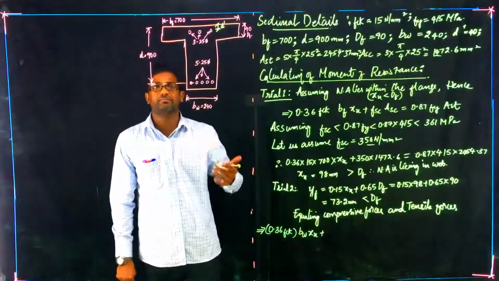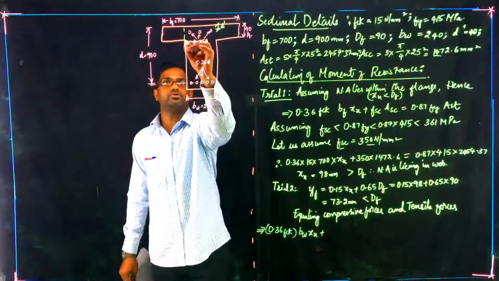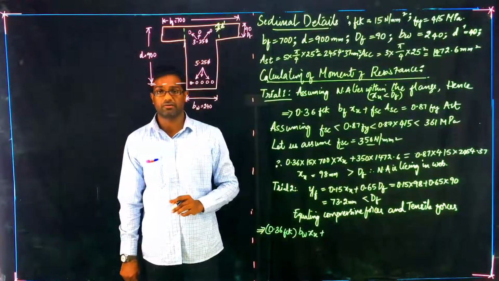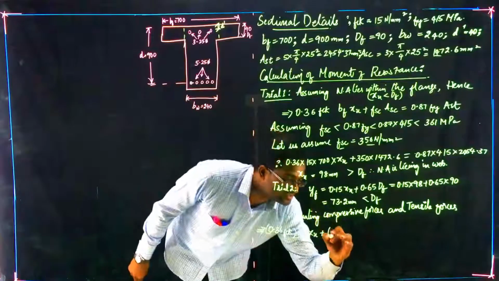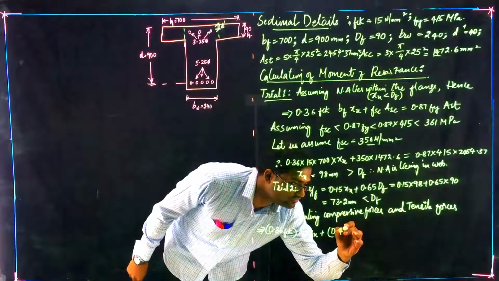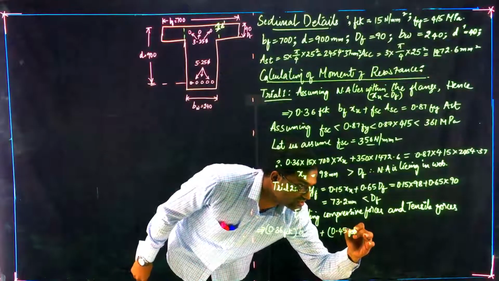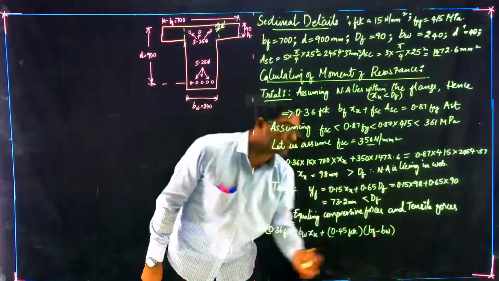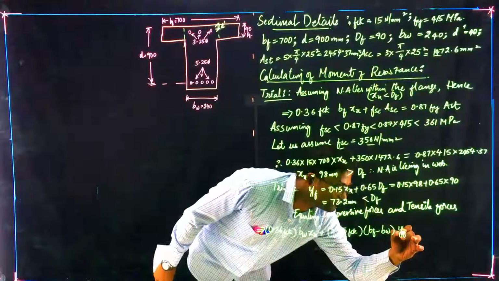Now comes the T beam top portion, the balance portion. This portion is given by BF minus BW. For that, the force is 0.45 FCK (BF minus BW) YF.